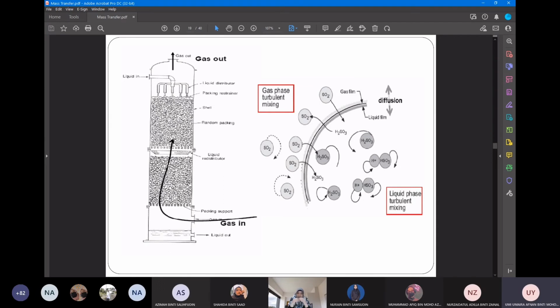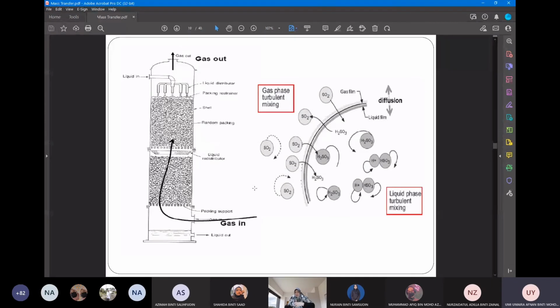Diffusion only takes place in the thin film, which is the surface between the gas and the liquid. Diffusion only happens at the thin layer. So that's why we need to increase the contact area between the gas and the liquid.